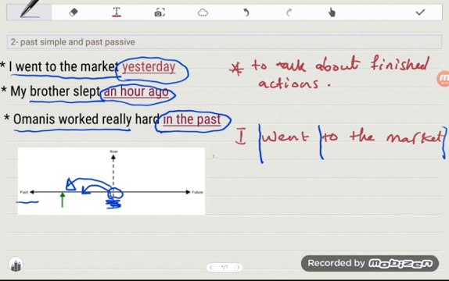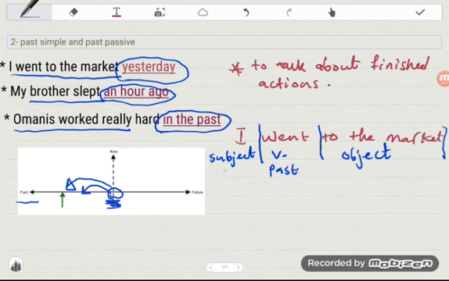I is the subject, the person who does the action, and went is the verb, but in this case it has to be past. So we cannot say I go to the market yesterday. This is wrong. We cannot say go, we have to say went, because this is yesterday, it's not today. I went to the market, so the market is the object.